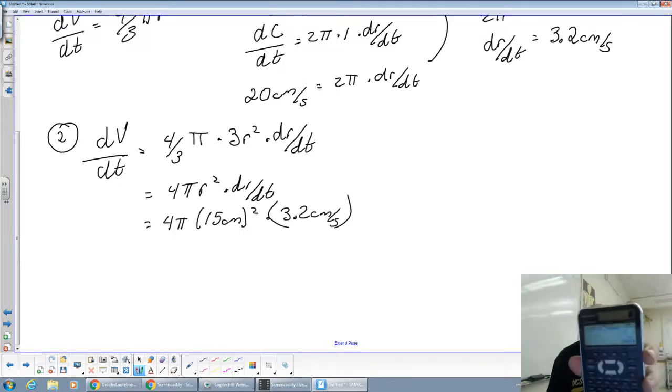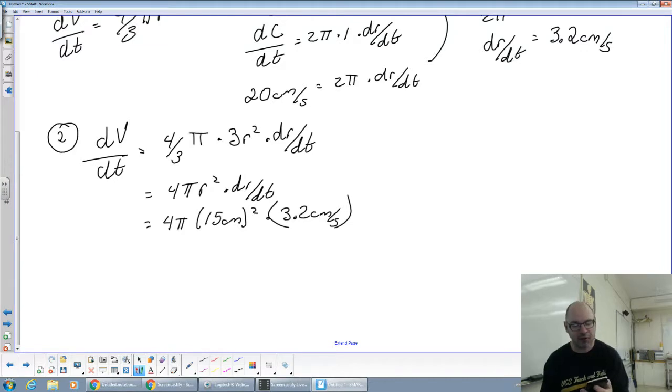That's what my calculator tells me. But if we want it in decimal form, it's about 9,047.7, so 9,048 cubic centimeters per second.